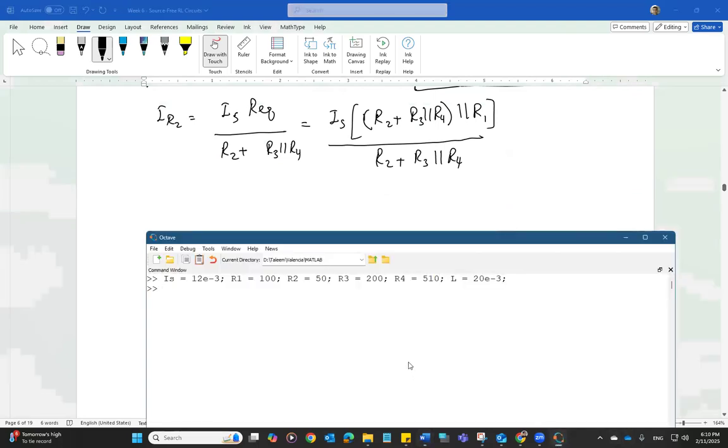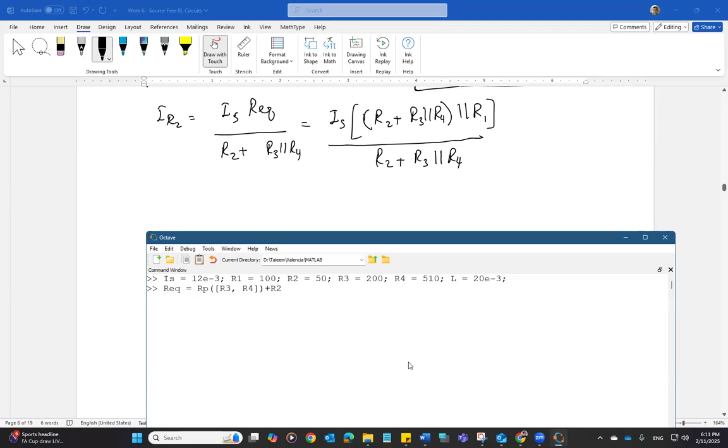So I'm going to first do the parallel combination of R2, R3, and R4, because I'm using it 2 times in the equation. So instead of writing 2 times, I'll do that. Let me call it R equivalent, equal to the parallel combination of R3 and R4, sorry, R3 and R4, and that is plus R2, right?